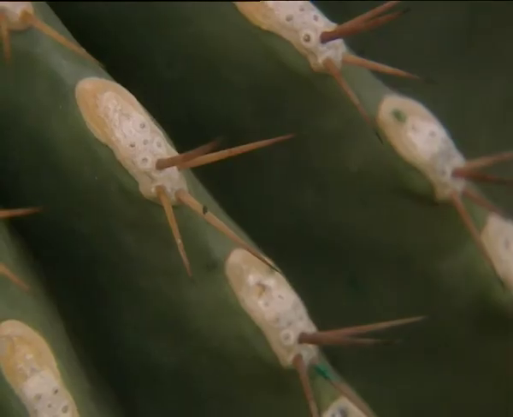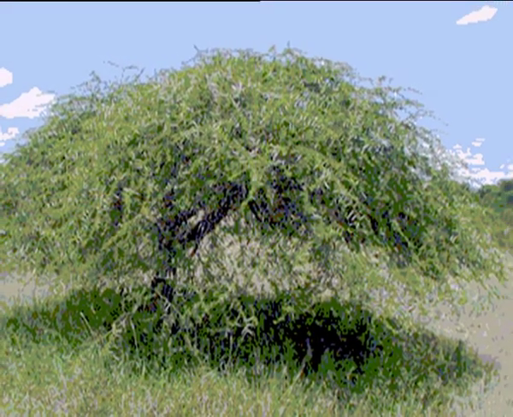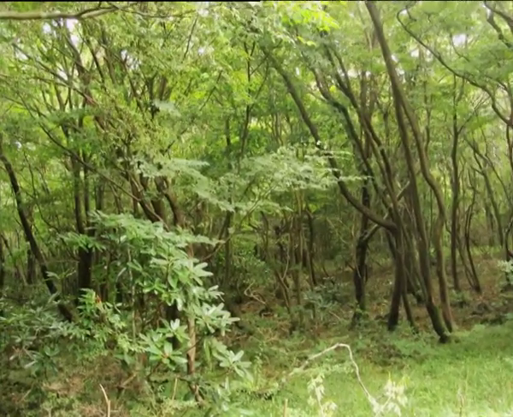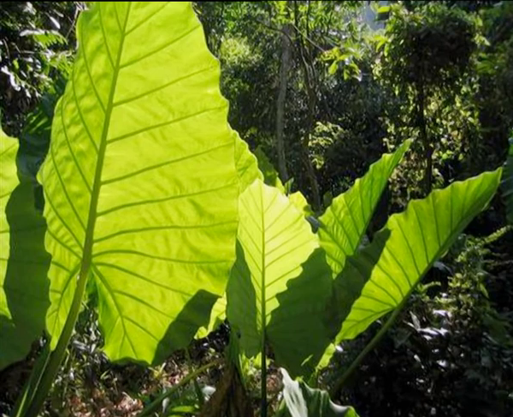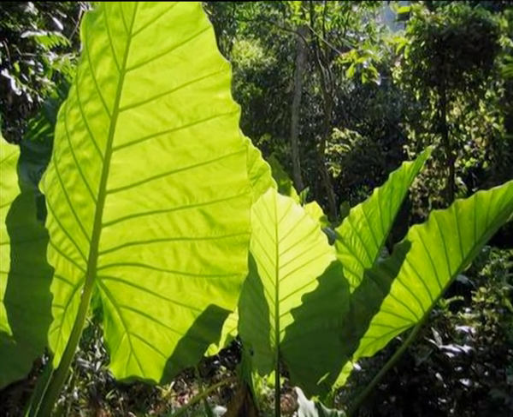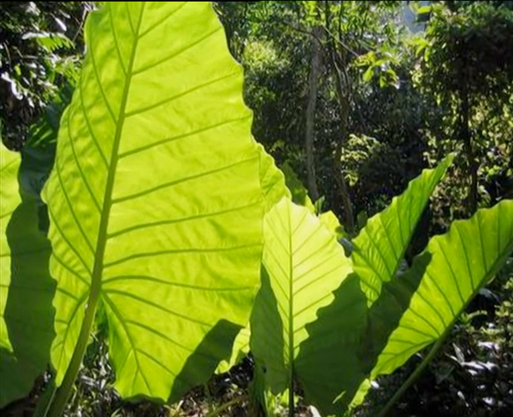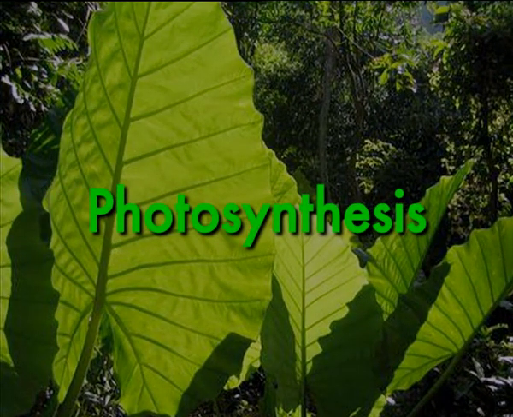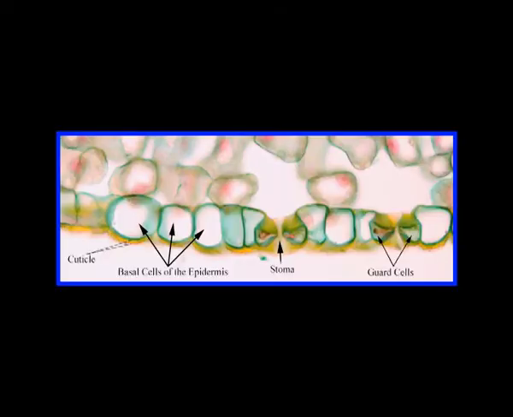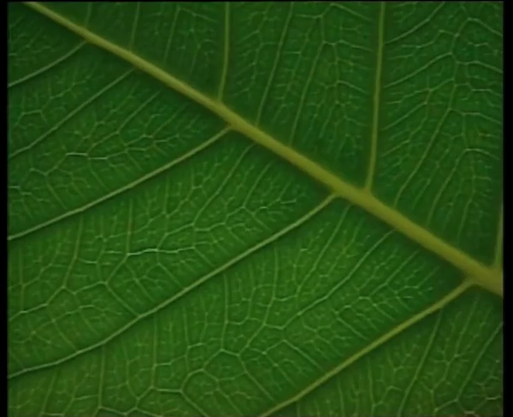Compare the plants of a desert and a broad-leaved forest and write the differences. We notice that the leaves are large and broad in the plants of a broad-leaved forest. Broad leaves help in maximizing photosynthesis. This is a cross-section of a leaf.